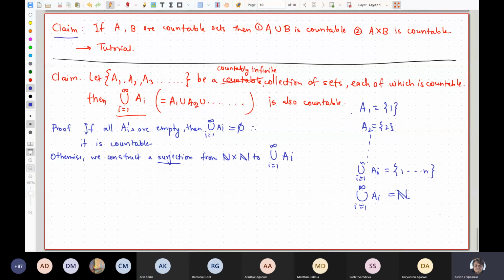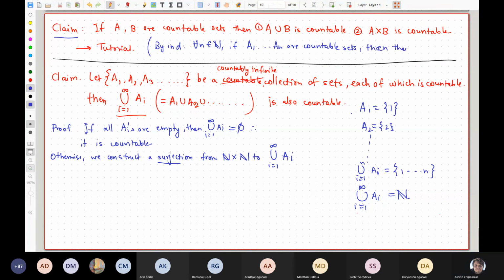If you use induction on this, what you will get is that for every n in capital N, if A1 through AN are countable sets, then their union is countable. Yes, sir. I will get this.